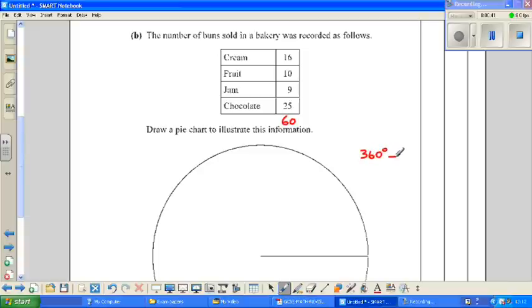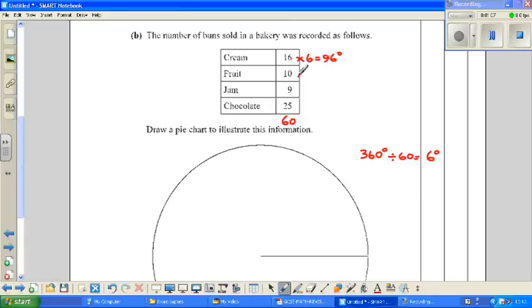We're sharing between the 60 items we're going to display. So that means each one of them gets 6 degrees. So each one of these 60 items here is going to get 6 degrees of our pie chart. So 16 of them is going to get 16 multiplied by 6, which is 96 degrees.